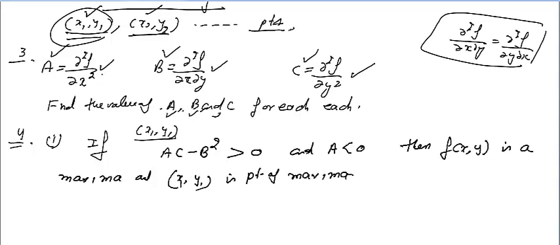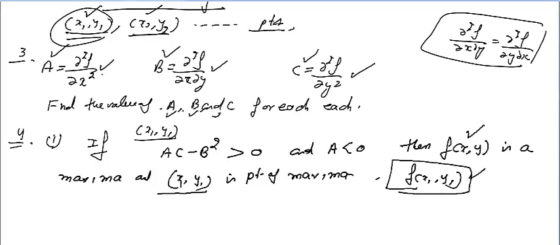Meaning by substituting this point you will get the maximum value of the function, and the maximum value of the function will be f(x1, y1).